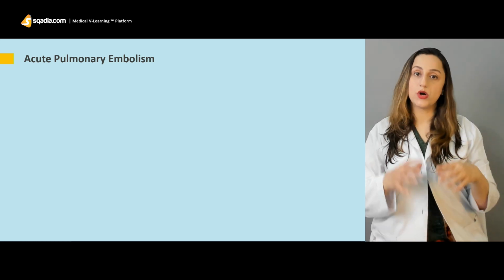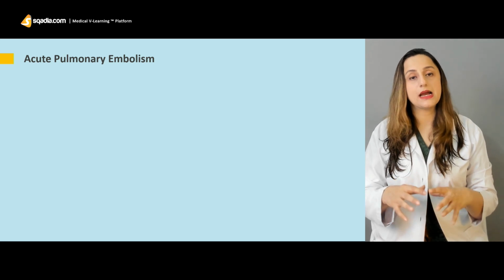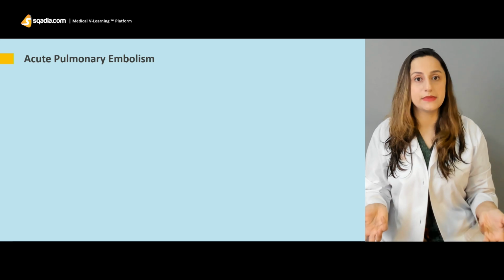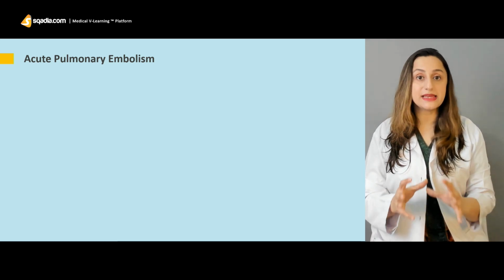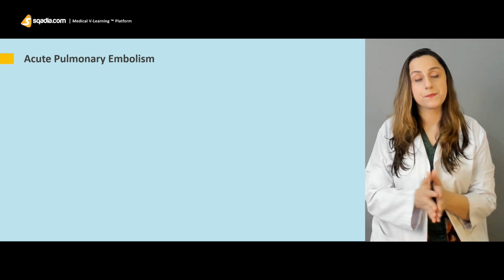Now, when these thrombi are formed in the peripheral circulation, they can get dislodged at any time. This is something that can give rise to pulmonary emboli.